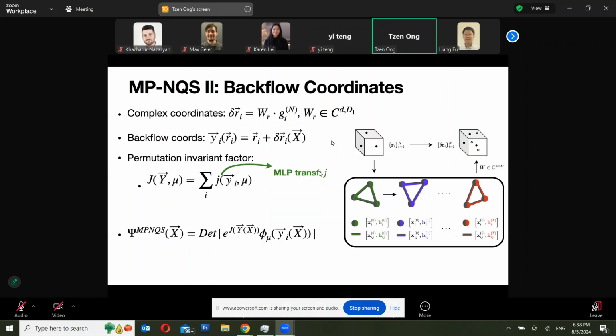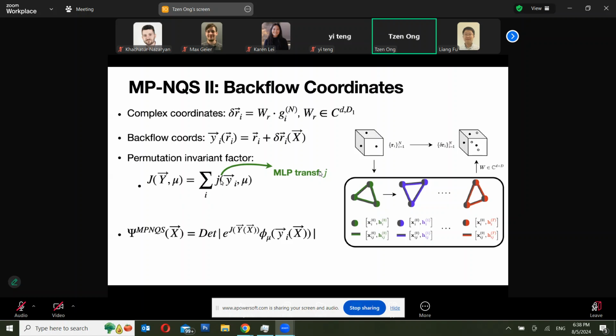Okay, and then after you go through a bunch of GNN layers, when you get to the last one, G_N, you construct your backflow coordinate from some final neural network that multiplies these final state vectors. This is what they use to construct the machine-learned Jastrow factor.